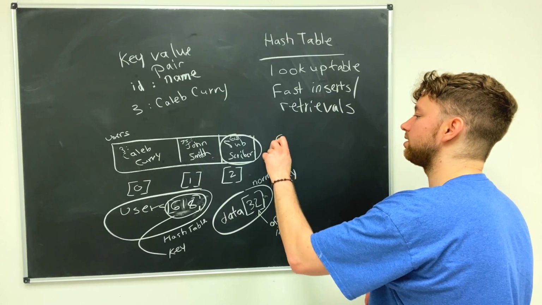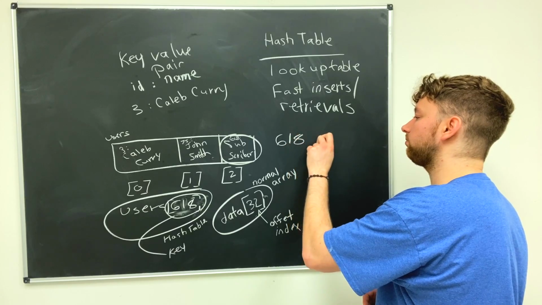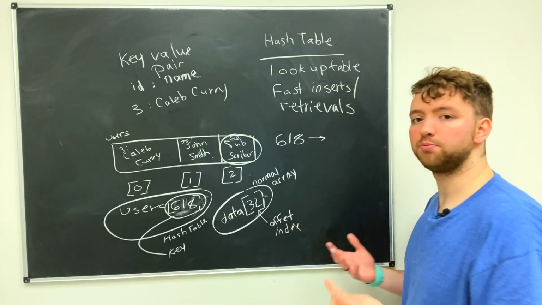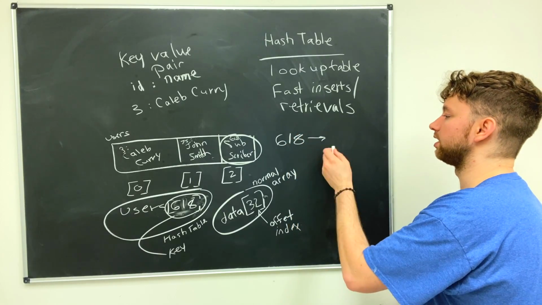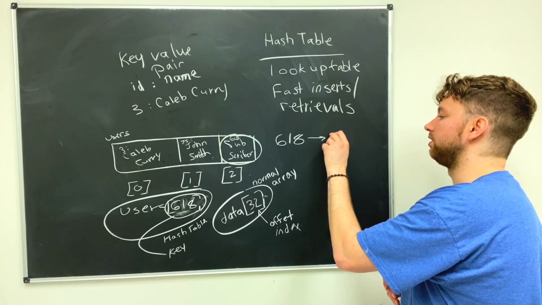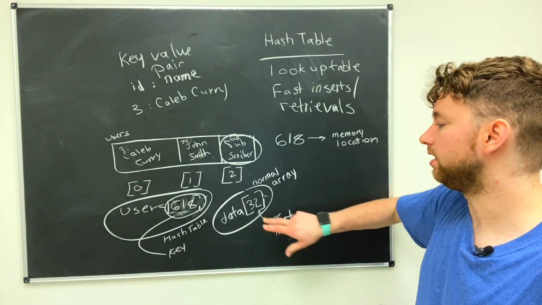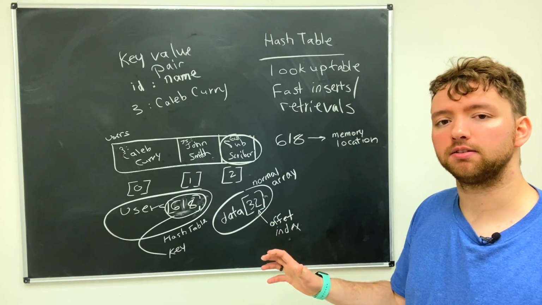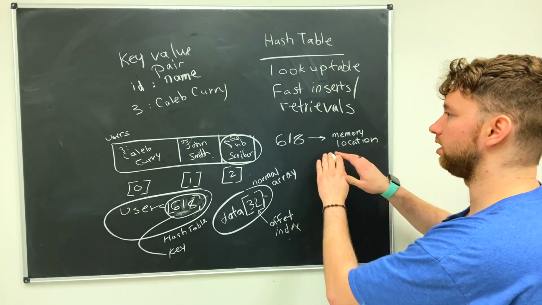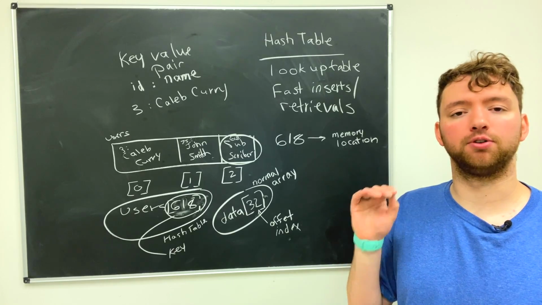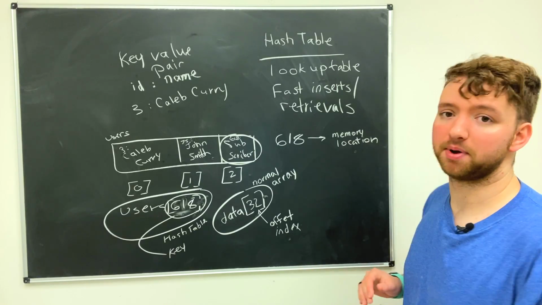So you want to visualize that. 618 goes through some processing, and this processing is used to determine the actual memory location. Whereas with a normal array, that index can just be used immediately to get the location. The keys for hash tables just have to go through one extra step to get that memory location.